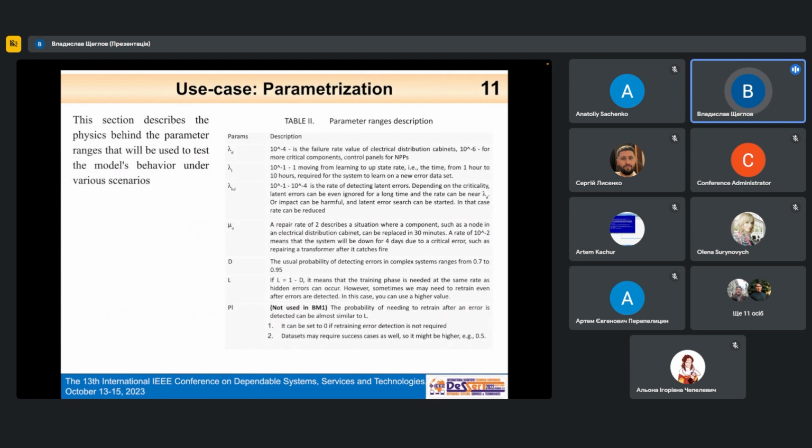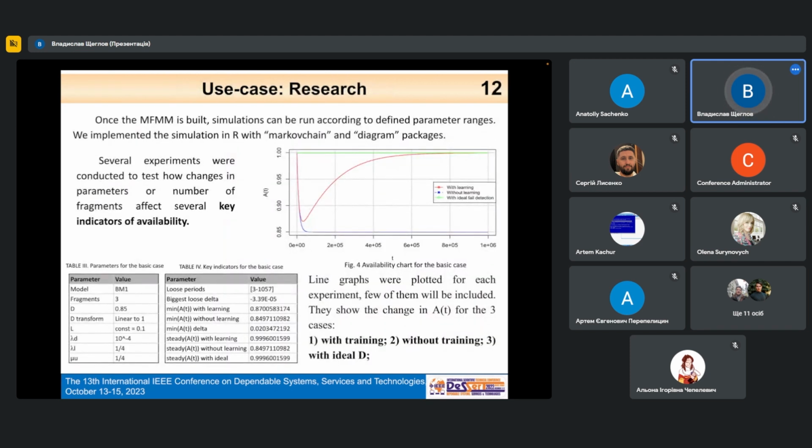And the final preparatory step is parameterization ranges. This table describes the logic behind the ranges we selected for our simulations for every parameter. So here are the details of this physics. And once we're done with all these steps, we are ready to start our simulation.